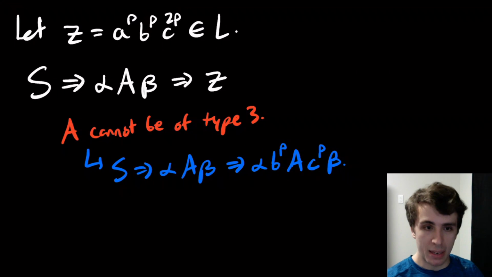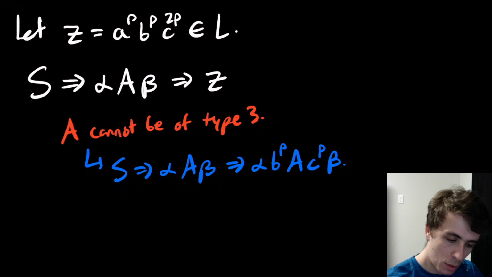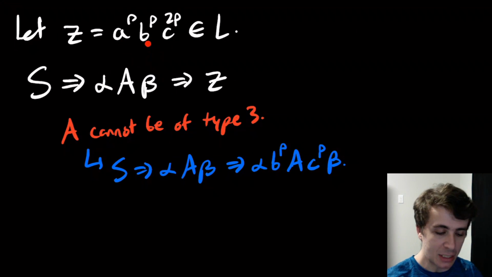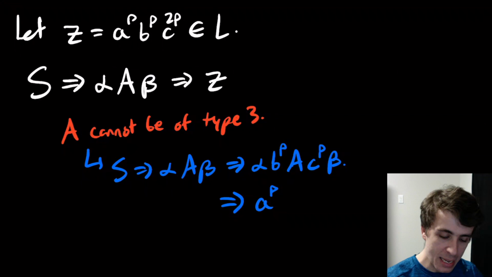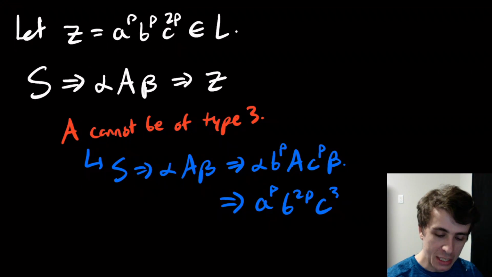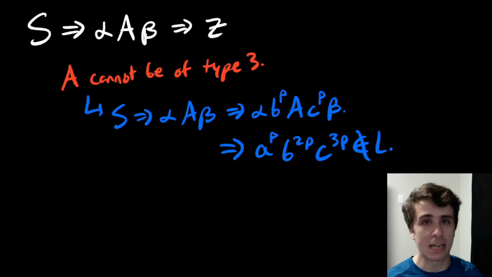But what would that actually tell us here? From this string, we're going to get p a's, p b's, and 2p c's, so what we're going to get is a to the p, b to the 2p, c to the 3p. But that can't be in the language, obviously, because the number of a's and b's is not the same, and the number of b's and c's is not the same. Okay?